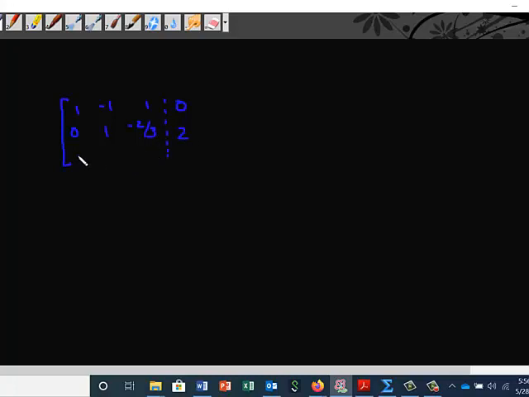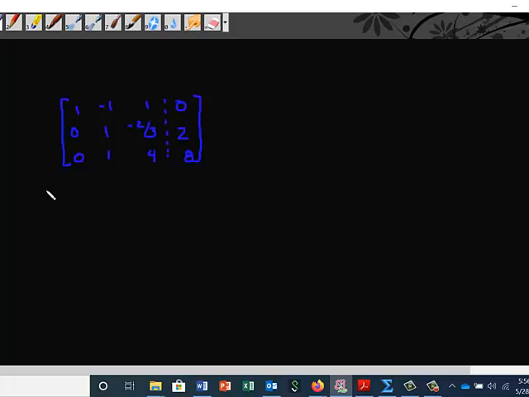This will be 0, 1, and 4, and 8. So we have the new row 2, and row 1 and row 3 will stay the same.